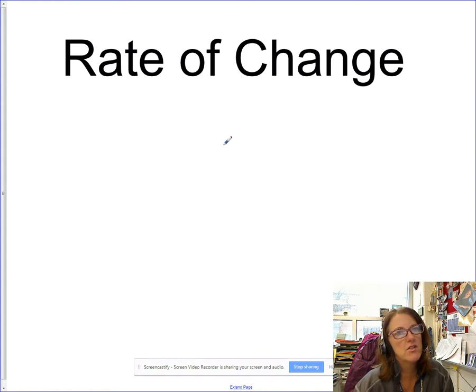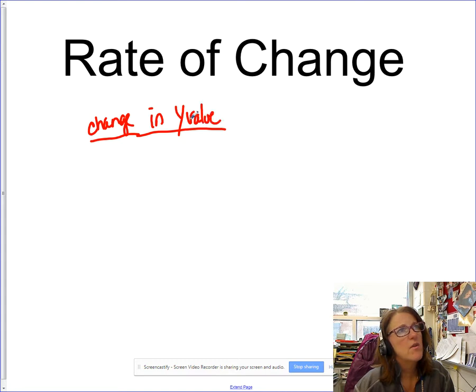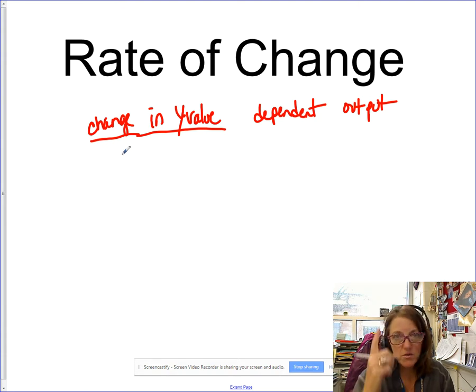We're going to talk about the rate of change. Now, a rate is going to be written as a ratio again. The numerator is going to be whatever my change in my Y value is. The Y value is also known as the dependent variable or the output. There's a lot of different terms depending on the situation. That's the numerator.